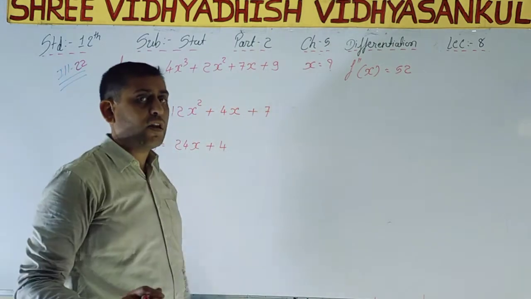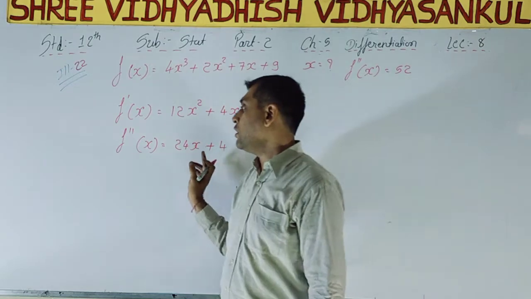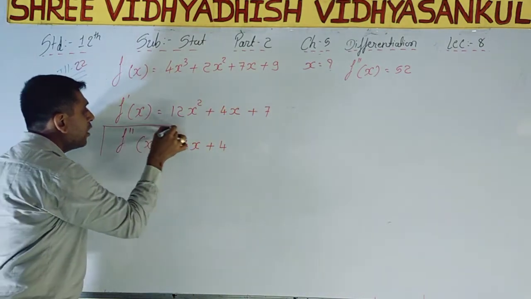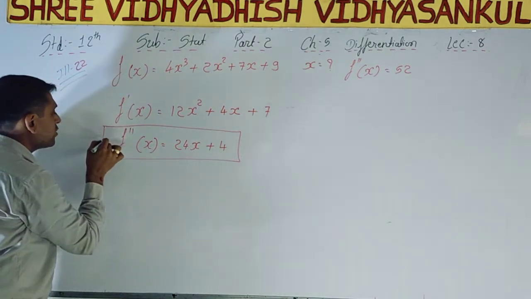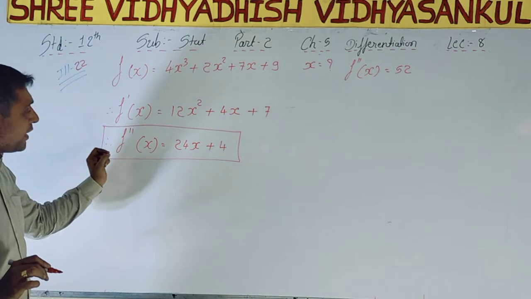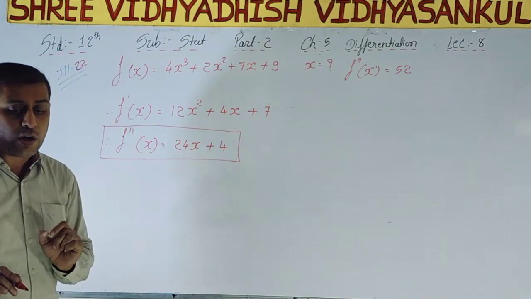And the differentiation of 7 becomes 0. So this is your first answer, the double differentiation, or second differentiation: f double dash x is equal to 24x plus 4.